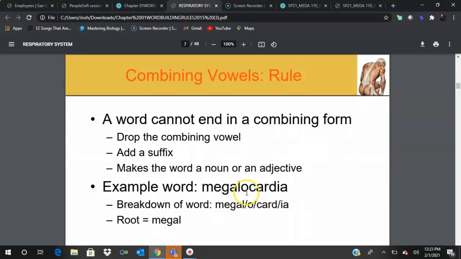But here you have to have the O to connect them together. So this is our connecting O that has to be there, the combining vowel. But this word can't be megalocardi or megalocardio because you're ending in a combining form. Okay, and so adding this A here makes this word a noun. So megalocardia is a condition where the heart is enlarged. Okay.